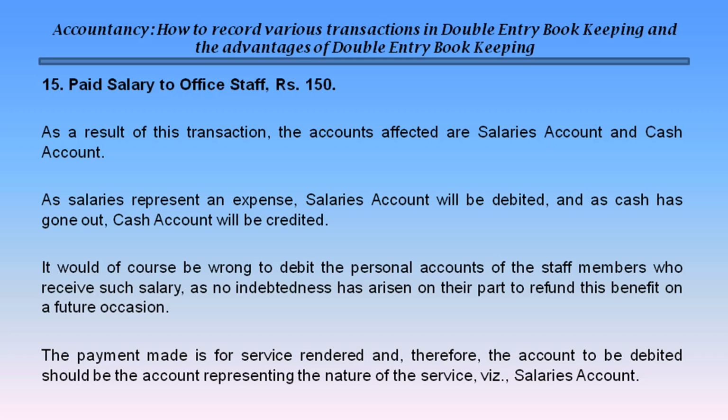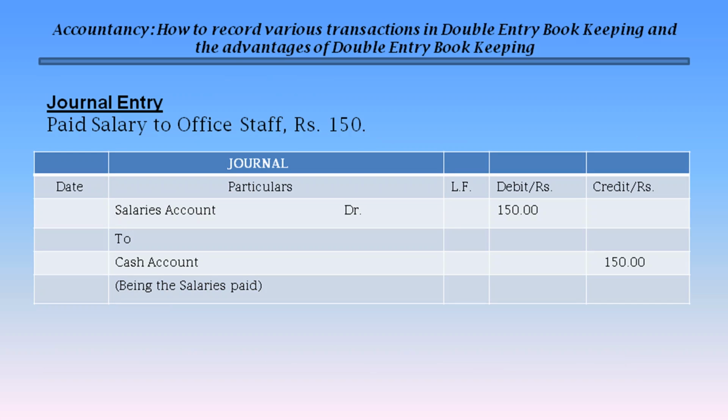The payment made is for service rendered, and therefore the account to be debited should be the account representing the nature of service, salary account. The journal entry for paid salary to office staff rupees 150 is salary account debit 150 rupees to cash account credit 150 rupees. The narration being the salaries paid.